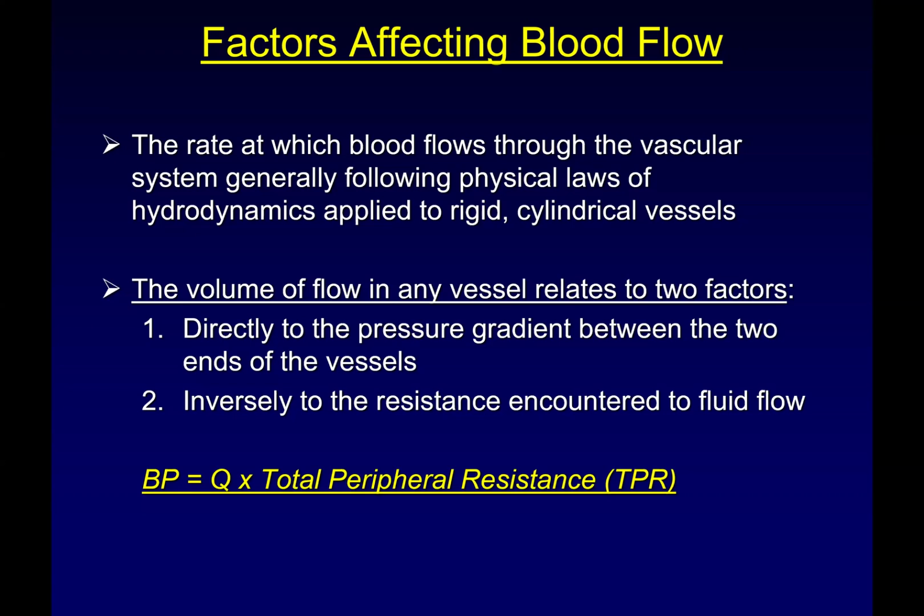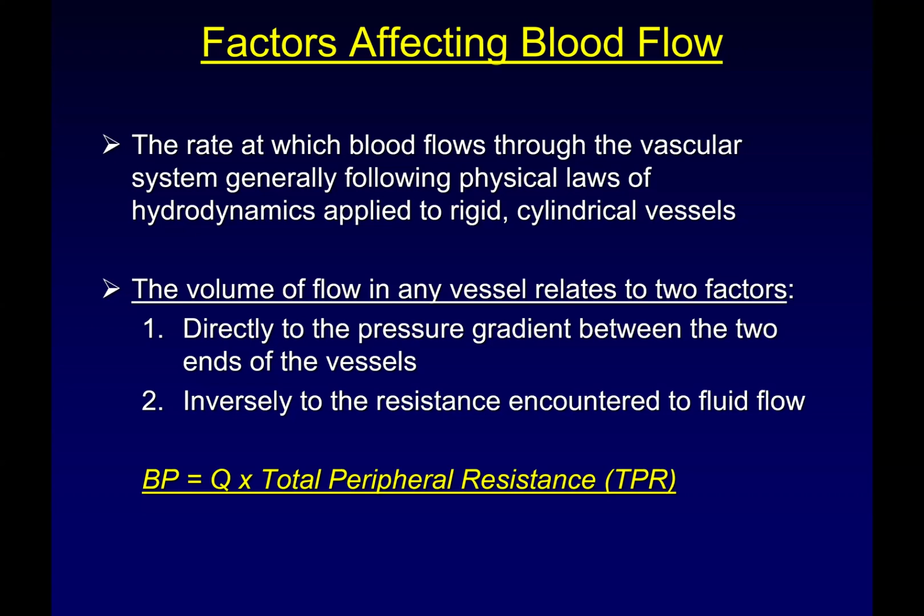So here and here, let's say I've got 120 millimeters of mercury of pressure on this end, and I've got 100 millimeters of mercury on this end. The difference in that delta is 20 millimeters of mercury, the difference in pressure from one end of the tube to the other.